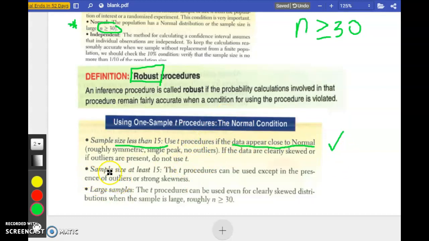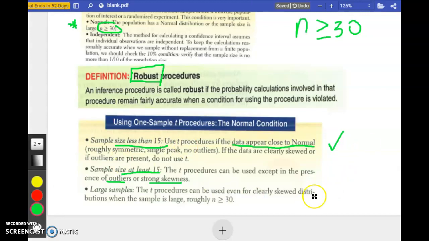If the sample size is at least 15, meaning n is greater than or equal to 15, we can still use t procedures unless there is outliers or strong skew. So maybe the distribution looks a little bit slightly skewed, like slightly skewed to the right here, we're still good to go. Or maybe it's symmetric, but you have one outlier.